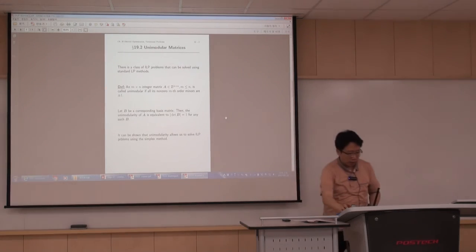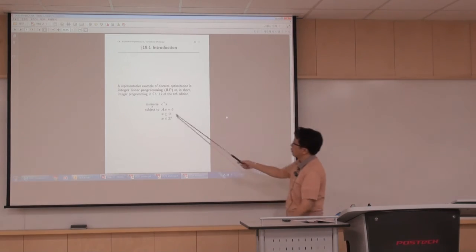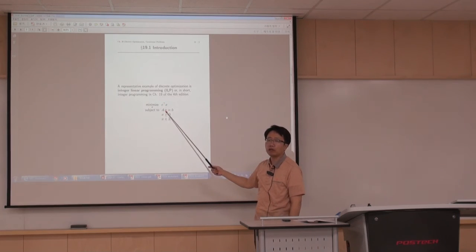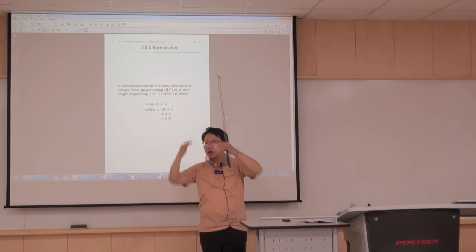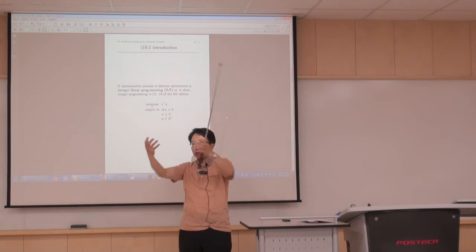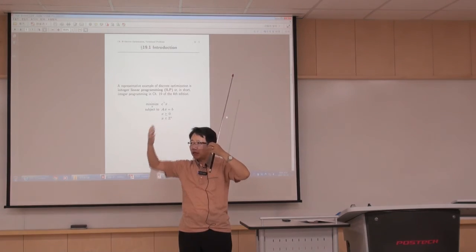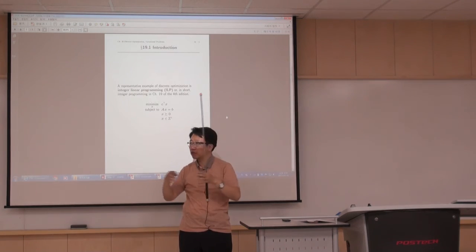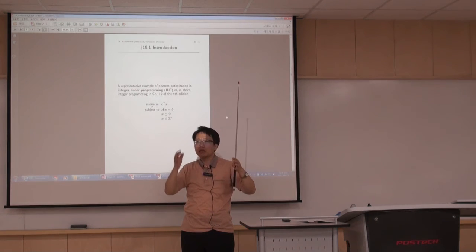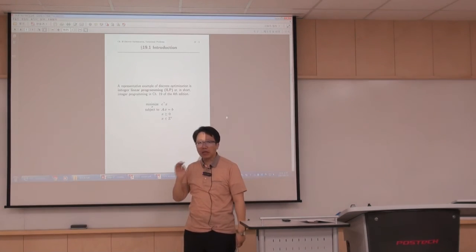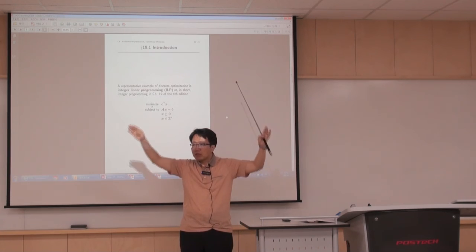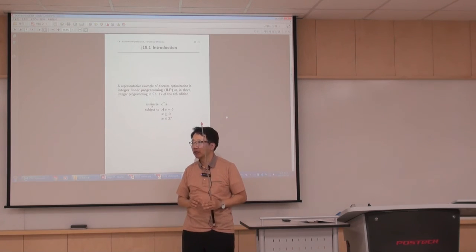Unimodular matrix is related to this matrix A, usually a fat matrix in linear programming. What you do is that you have a fat matrix, and you choose columns so that you have a square matrix. Every such square matrix has its determinant 1 or minus 1. If that is satisfied, that fat matrix is called unimodular.